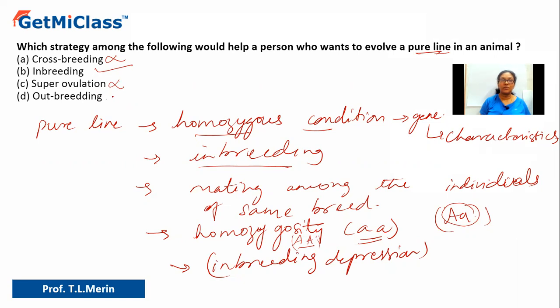Outbreeding is also a type of inbreeding only, but the only thing is, though it is the same breed, the breeding is done between two individuals who do not have common relatives. Okay, they don't have common relatives, maybe about 4 to 6 generations. Okay, that is what is outbreeding. But here again, chances of getting pure line is lesser than inbreeding, and this is ruled out.